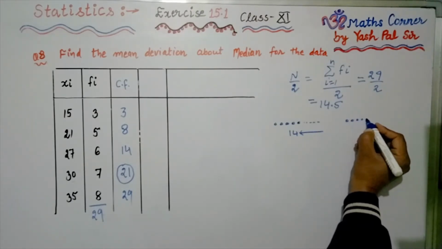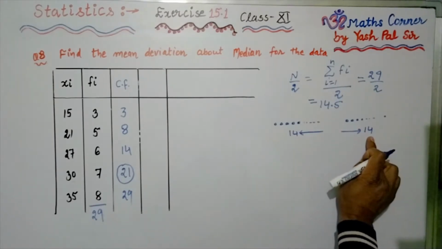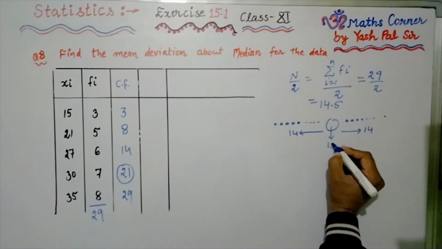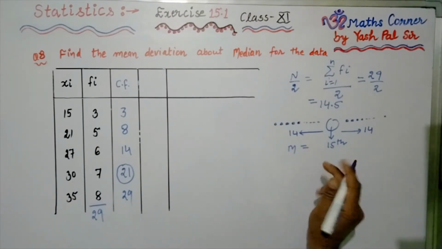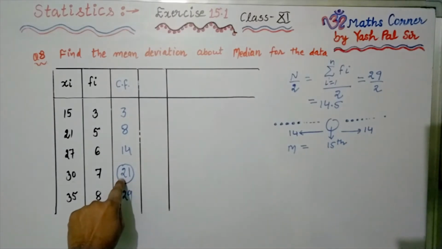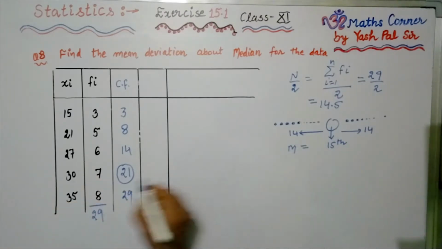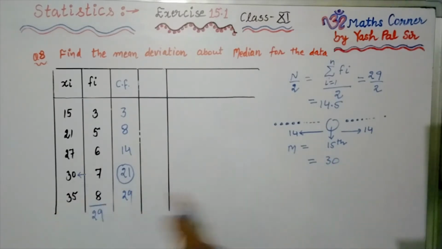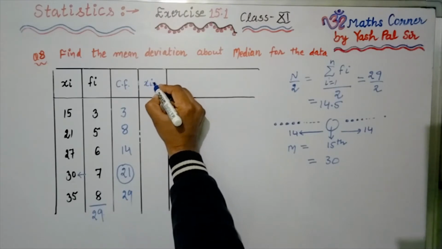Similarly 14 observations on the right side. 14 plus 14 is 28, and this is the 15th observation. Median is equal to the 15th observation, which comes in this 21, which is 30. Now what we do, we find xi minus m.